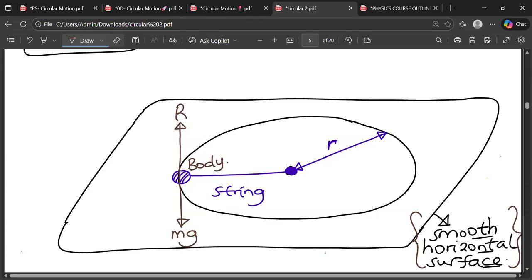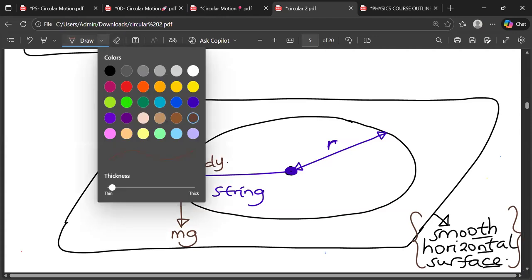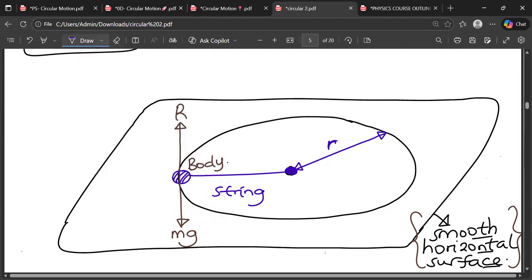Then something you're not supposed to forget, that this body is moving, or this body is rotating. And you know, as it rotates, it covers a certain angular displacement, what? Theta. And the rate of change of that angular displacement is what they call angular velocity, omega. So it's moving with that angular velocity, omega.